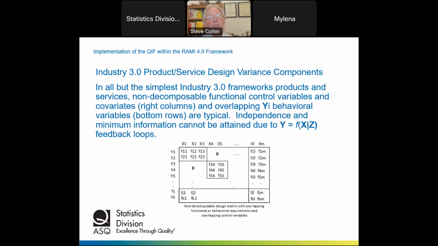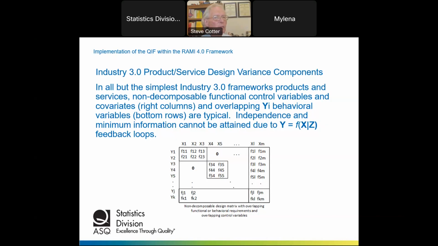In all but the simplest Industry 3.0 frameworks, products, and services, non-decomposable functional control variables and covariates are typical: the non-decomposable control variables are the right columns, and the overlapping yi behavioral variables are the bottom rows. Independence and minimum information cannot be attained due to the y equals f of x, z feedback loops created by the non-decomposable functional control variables and overlapping yi behavioral variables.